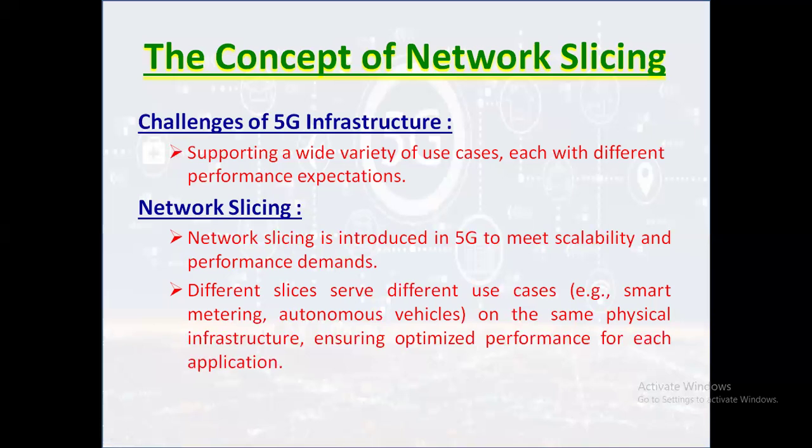As a result, network operators face the challenges of efficiently managing resources and ensuring that all users and applications receive the appropriate level of service, which is critical for the overall success and adoption of 5G technology.